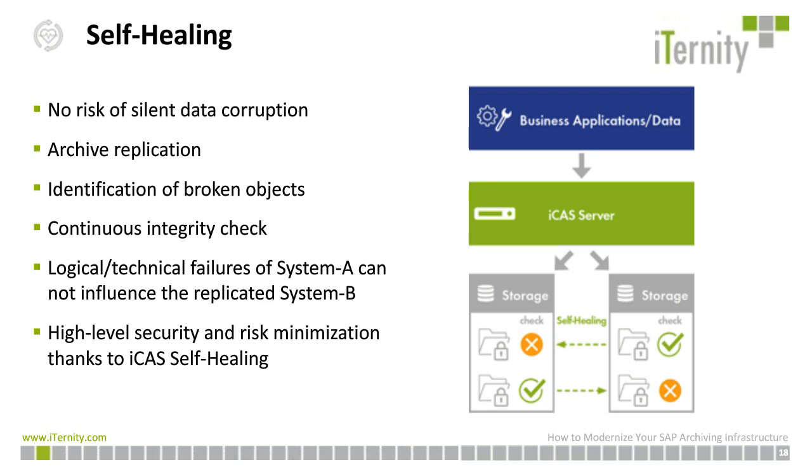With that in place, the iTernity self-healing program does integrity checks continuously, and if it discovers a file that has been corrupted or is no longer accessible, or doesn't match its hash value anymore, it can look on the second device for an intact copy and copy that file over to the primary storage system.